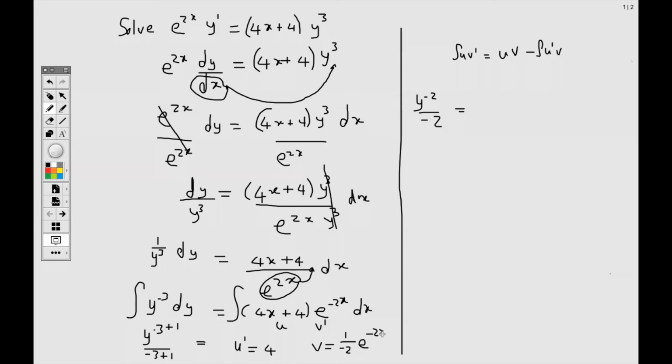Now all that is left is for me to substitute it into the formula. What is my u? 4x plus 4, so I write that. What is my v? 1 over negative 2 e to the minus 2x.